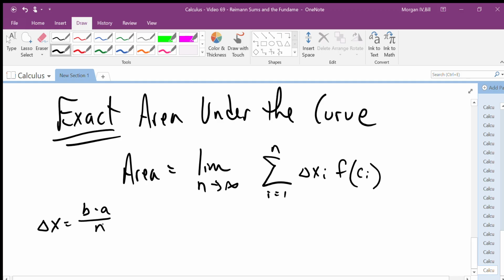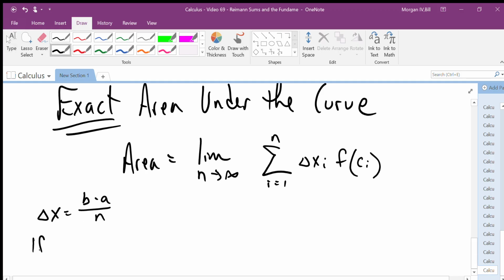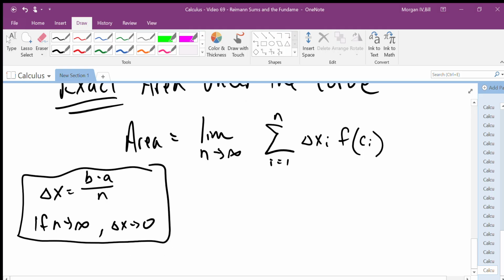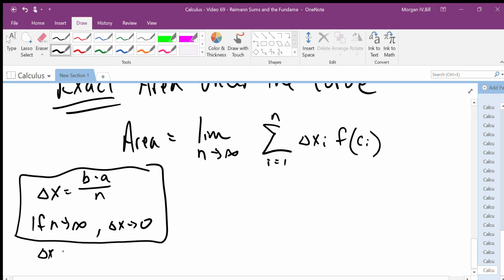If n is going to infinity, then b minus a, which is a number, divided by infinity, we get delta x goes to 0. So if n goes to infinity, delta x goes to 0 as long as they are the same size. This is for when the delta x are the same size.